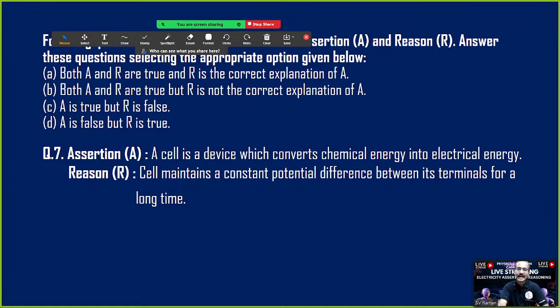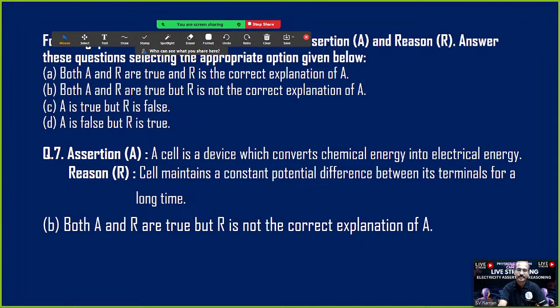Next, a cell is a device which converts chemical energy into electrical energy. Reason: a cell maintains a constant potential difference between its terminals for a long time. Which answer can we choose?